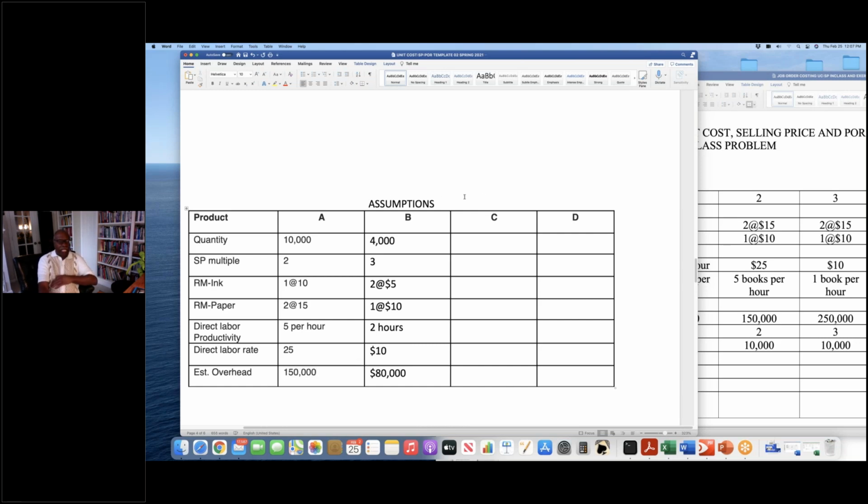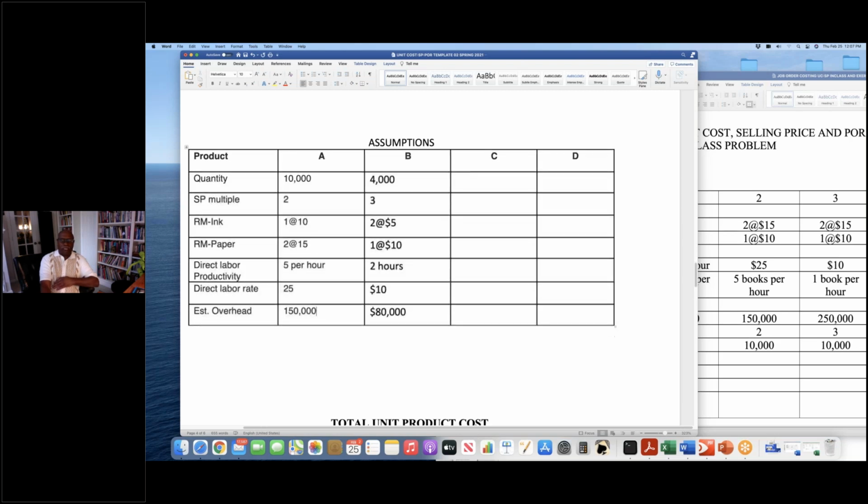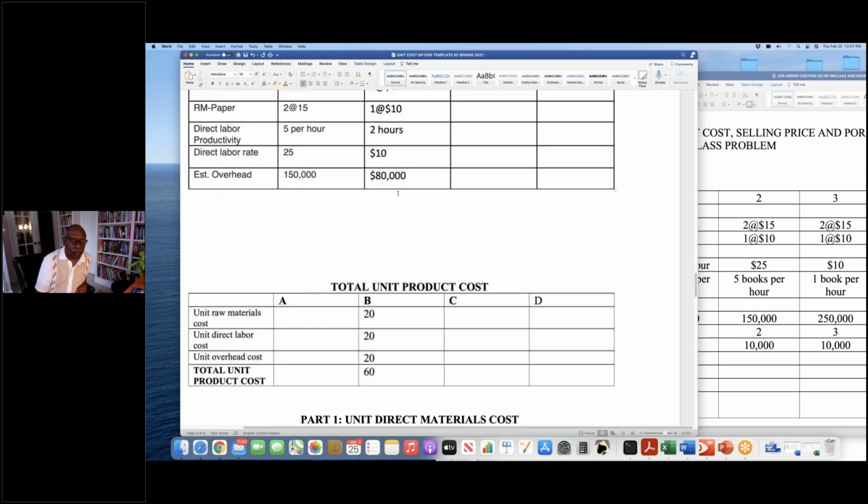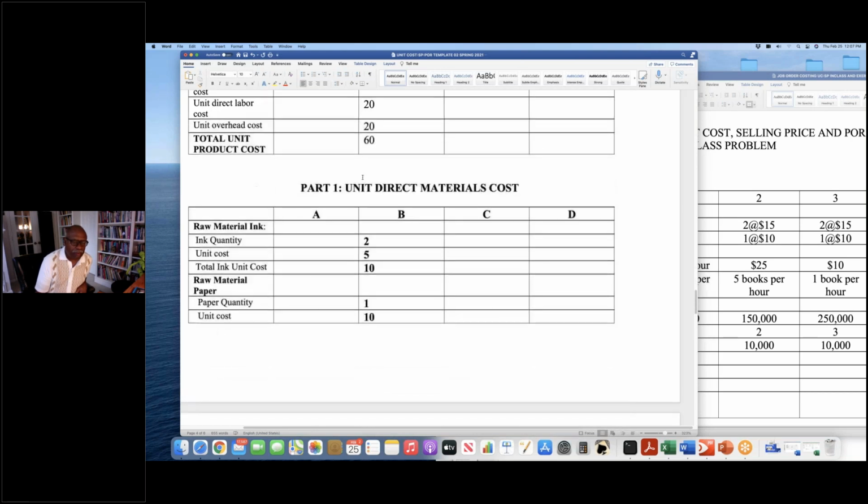So this is the in-class problem. Let's see if we can run through it. What's our raw materials going to be? The ink quantity is 2, and the unit cost is 15. That will make it 30.